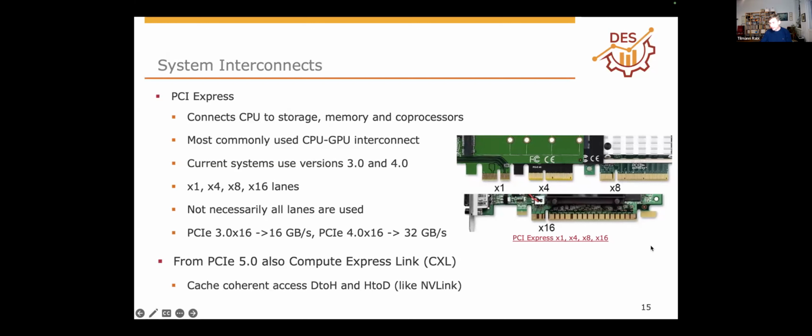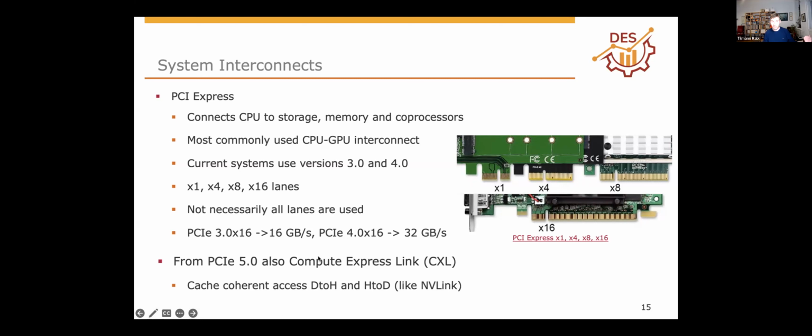This is still increasing, so there's been a lot of development because GPUs need more interconnect and more bandwidth. Even though, say 4 or 5 years ago, PCI Express 3.0 was the thing and you would rarely get anything above that, I think about 4 years ago we had the first system with PCI Express 4.0, where we would get 32 gigabytes per second.